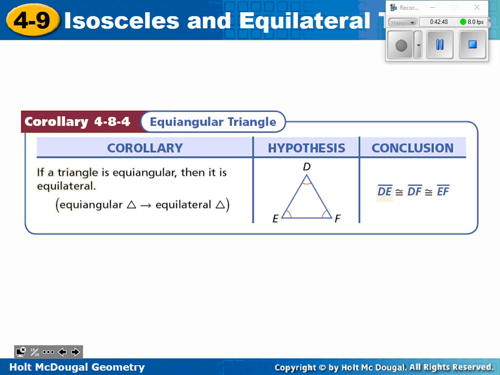If it's an equiangular triangle theorem, then it's saying, hey, your triangle is equiangular, but if it's equiangular, then it's also equilateral. So now we can mark all the sides congruent. Is everybody with me? So it just goes both directions, and the name of it is whatever they've given you. If they've given you all the sides congruent, it's equilateral triangle theorem. If they've given you all the angles congruent, it's equiangular triangle theorem.